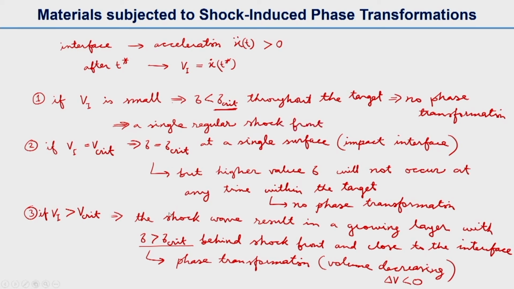In the second case also, because there is no phase transformation, there will be a single shock wave structure like the first case. But the third case is different from the earlier two cases. It will have a two wave structure.